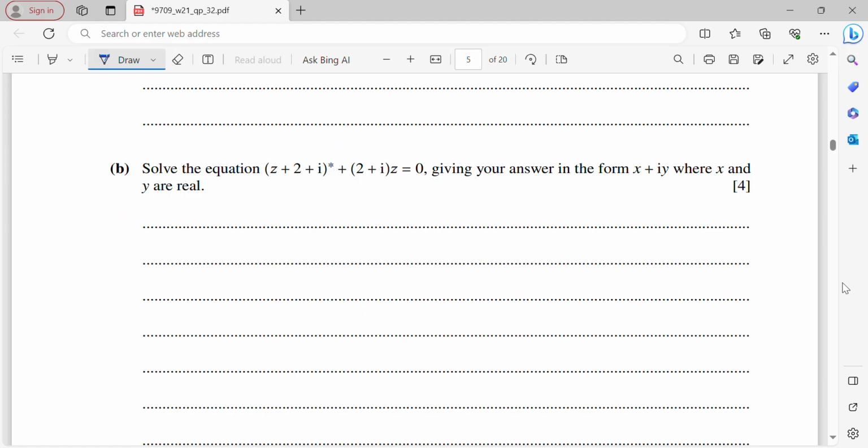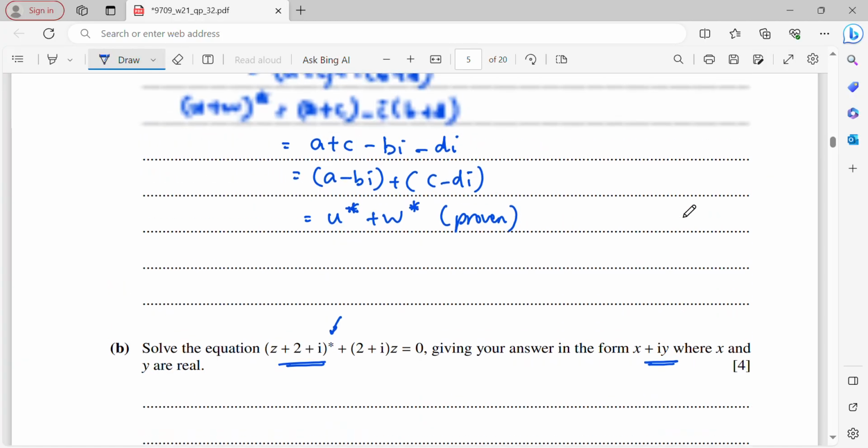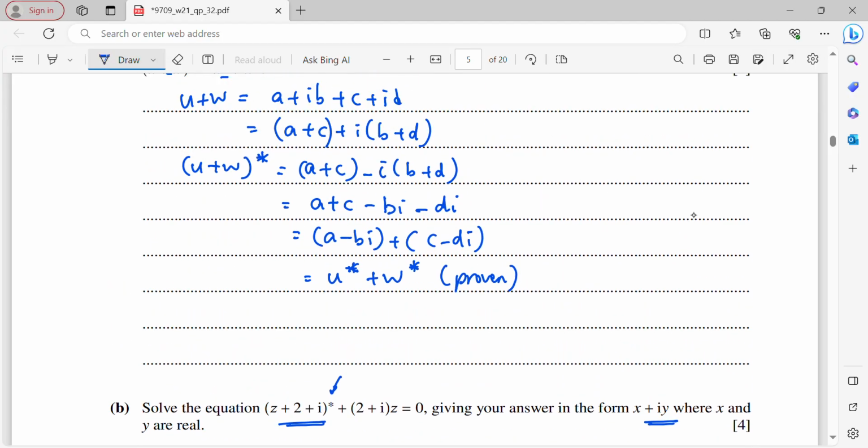Now part b, solve the equation. Again, this is the conjugate of (z plus 2 plus i), plus z times (2 plus i) equals 0, and give the answer in x plus iy. For this we can just use the formula from previous.